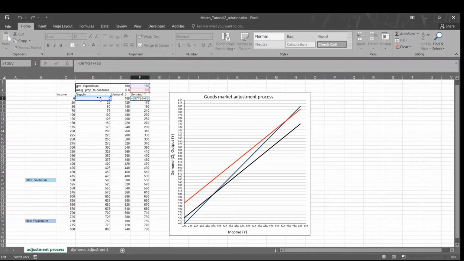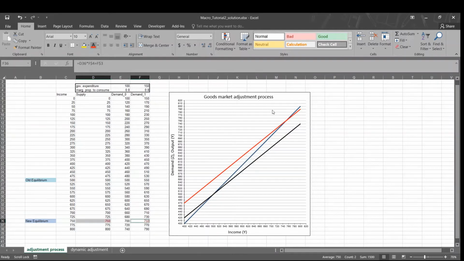If income is 0, we would just say 0 multiplied by 0.8 plus our government expenditure, giving us 150 units. If we keep on applying this formula, we would at some point reach a new equilibrium where supply is equal to demand, in other words, our supply is 750 units and our demand is also 750 units.